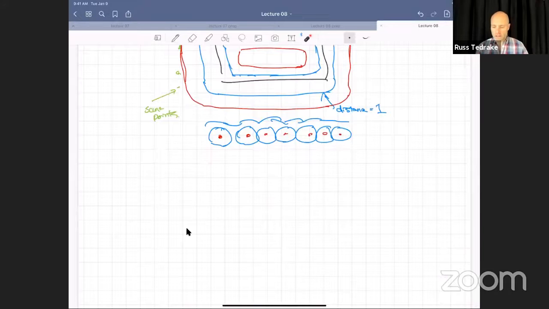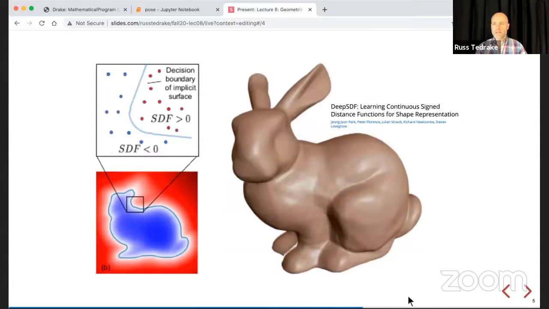So these are surprisingly good. This is just an example from DeepSDF, which we will talk about later, but forget about the deep for now. This is just a signed distance function.